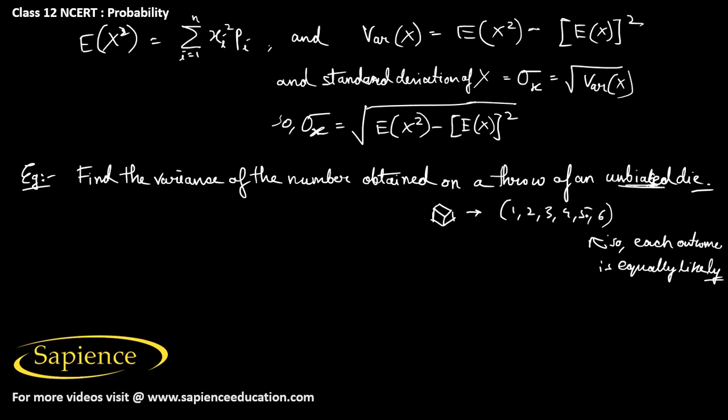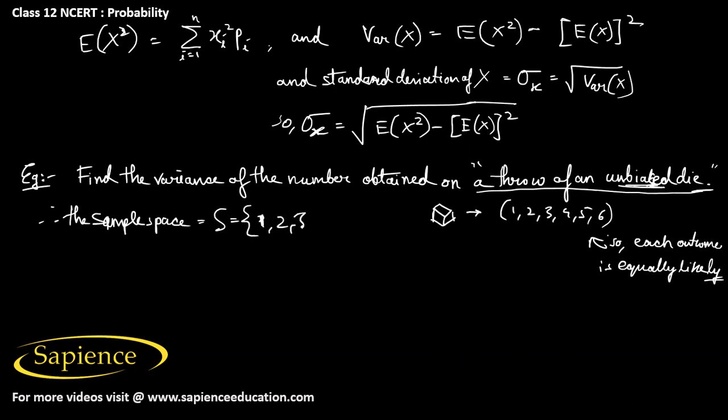So all should have the same probability, that is 1 by 6. Therefore the sample space of this experiment, S, where the random experiment is a throw of an unbiased die, would be 1, 2, 3, 4, 5, and 6.